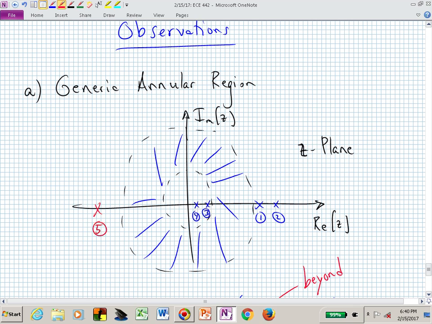Would it be right-sided or left-sided? Now you can't use your hands because it's in the left-hand plane. But if you're trying to use your hands, you could reflect 5 over into the positive half plane and do the same strategy. That's corresponding to a left-sided sequence, the pole at 5.